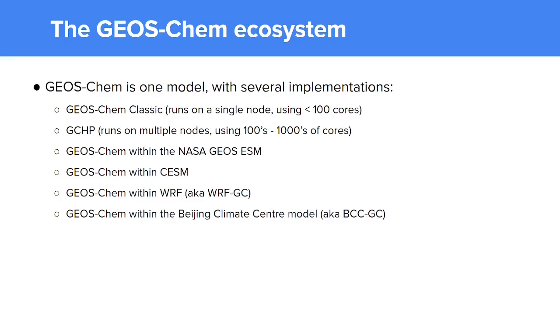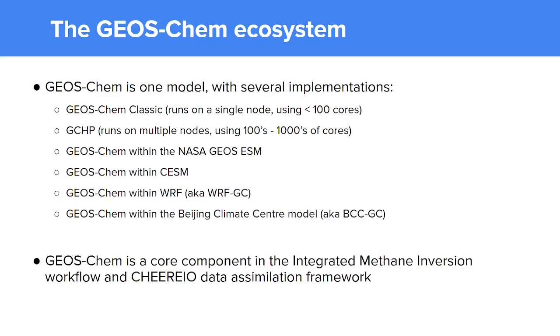GEOS-Chem also serves as the chemical module in several Earth system models, such as the NASA GEOS-ESM, CESM from NCAR, WRF, and most recently the Beijing Climate Center model. GEOS-Chem is also a core component in analytical inversion frameworks such as the integrated methane inversion workflow, and also in data assimilation frameworks such as Cheerio.